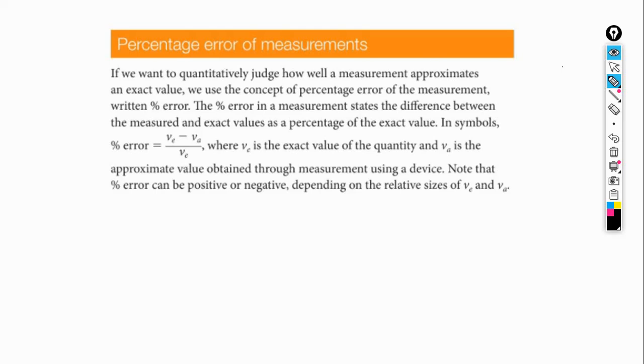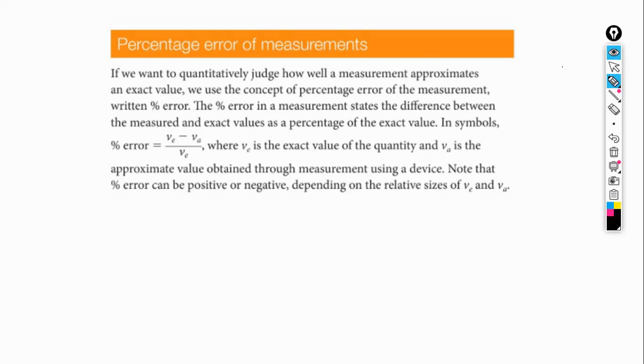The percentage error in a measurement states the difference between the measured and exact values as a percentage of the exact value. In symbols, percentage error equals exact value minus approximate value divided by the exact value.